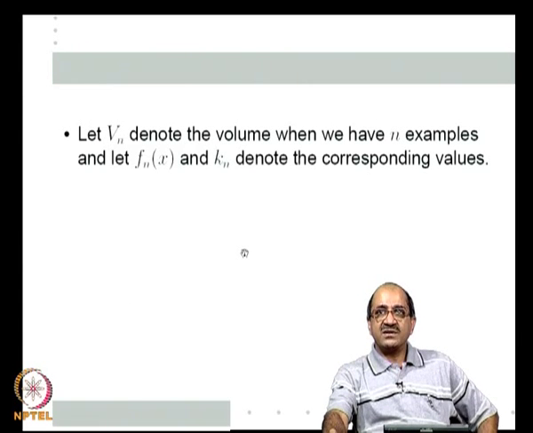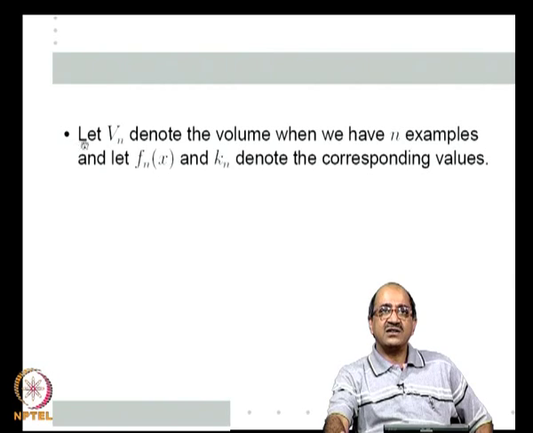So, all choices should be with respect to n. So, let us say v_n is the choice of volume when we have n examples, and similarly, let us say f_n is the estimate we get for the value of density at x when I use n samples, and k_n may denote the number of samples that fall into that volume out of n samples.